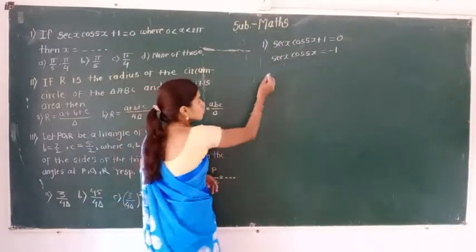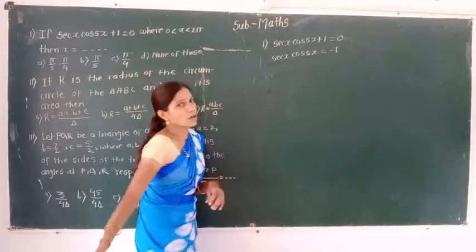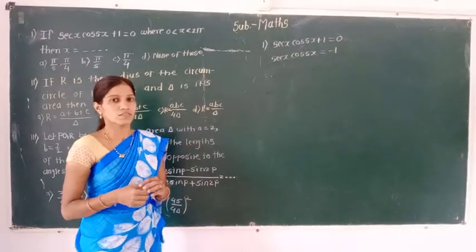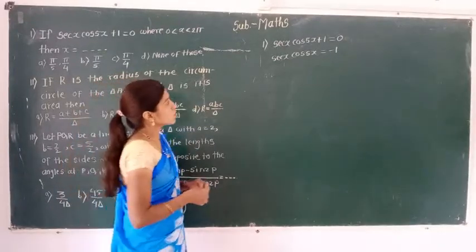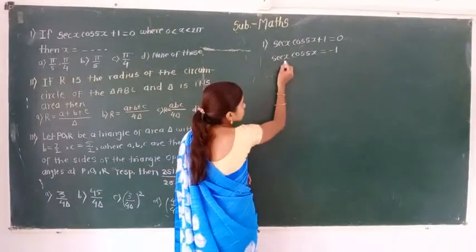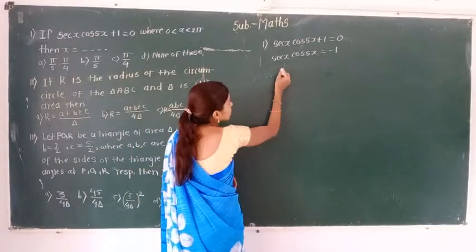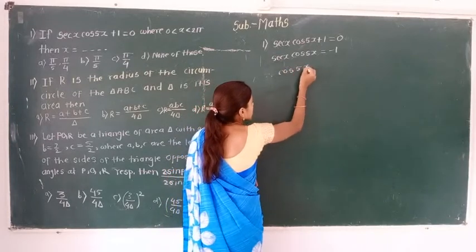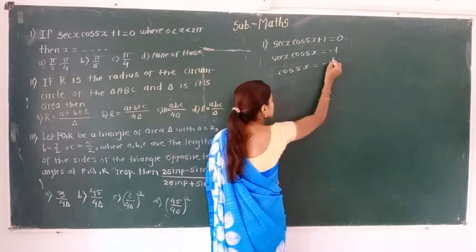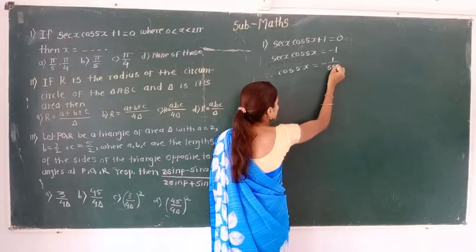Now we know that the standard forms are represented only in the sine function, cos function and tan function. First of all sec x transforms to the right hand side, we can write cos 5x is equal to minus 1 upon sec x.